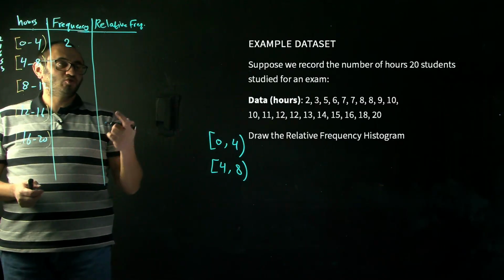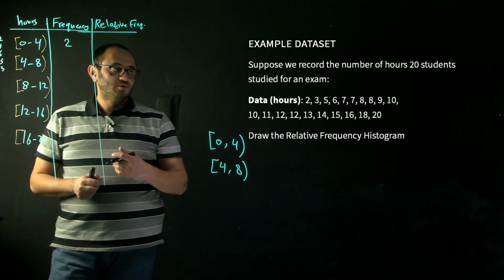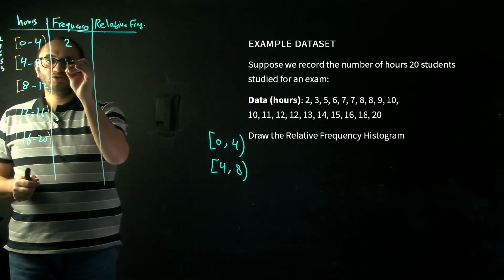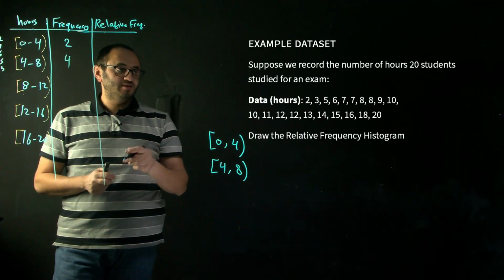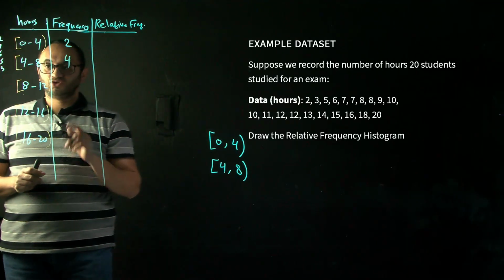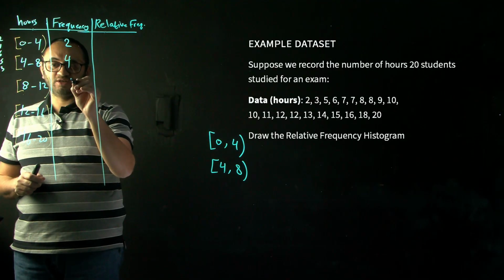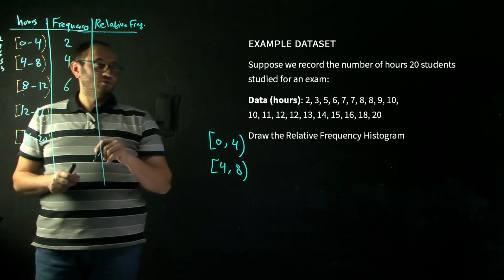So we have 4 numbers between 4 and 8. 8 to 12, we have 8, 9, 10, 11. So 12 is not included, so we have 6. 12 to 16, we have 5.